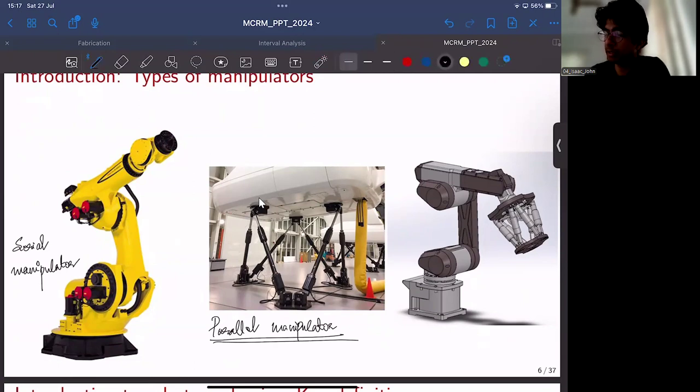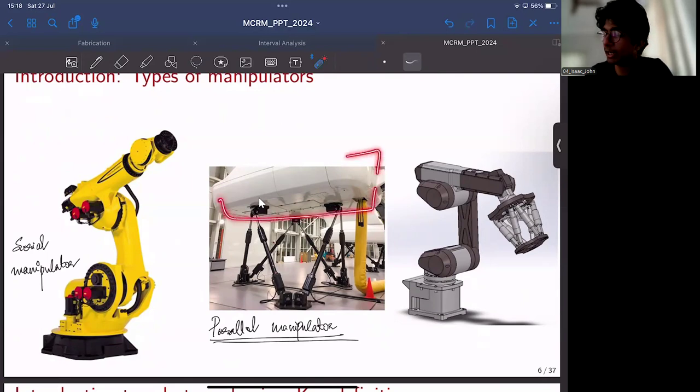Because in the case of a serial arm, a huge portion of the weight of the manipulator's arm is contributed by the motors themselves, and because of this weight, the robot has to carry a lot of load. Because of that, there could be some deflection or bending, because the weight of the motors is quite high.